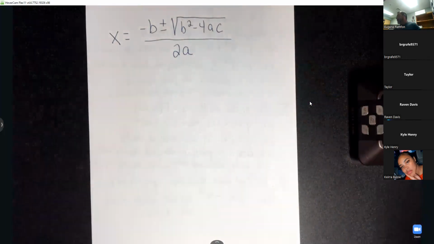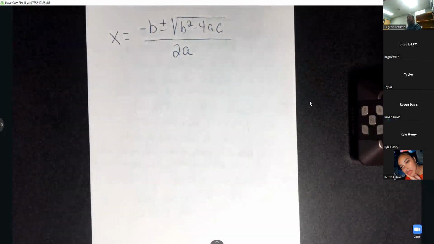So have y'all seen that before? So definitely quadratic formula. Now let me go back. Let me see what this question says.